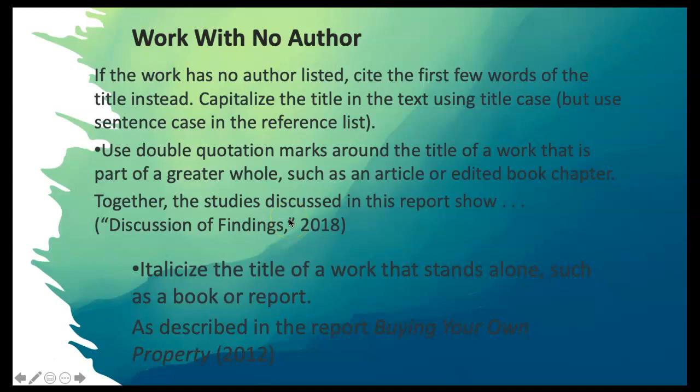That's important. If it is a book, then it has to be italicized. If it's an article name, then no, it goes in the regular font. You will only italicize the name of a book or a title of a work that stands alone, like any report or any dissertation or whatever.